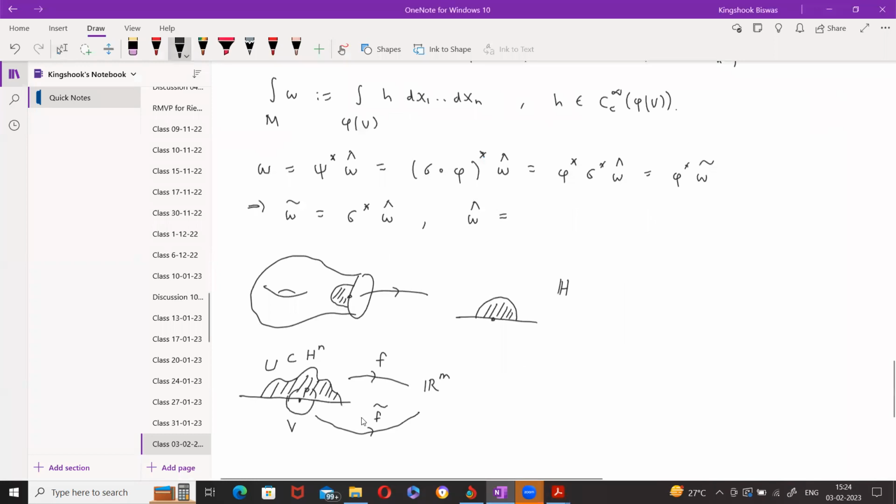At a point P in U, we have a neighborhood V in Rn and a smooth map F tilde on V which agrees with F on V intersect U. So locally F extends to a smooth map in a neighborhood in Rn at each point of U. Is this clear? Yeah.